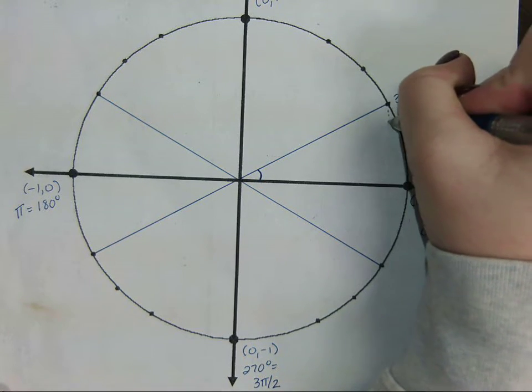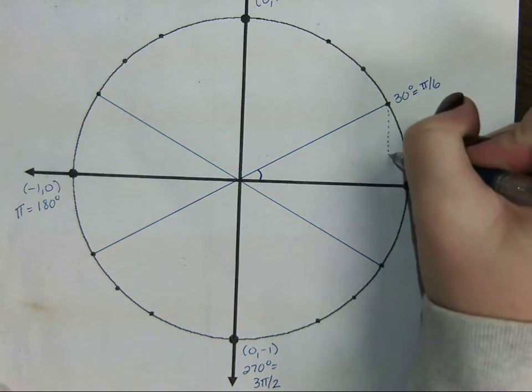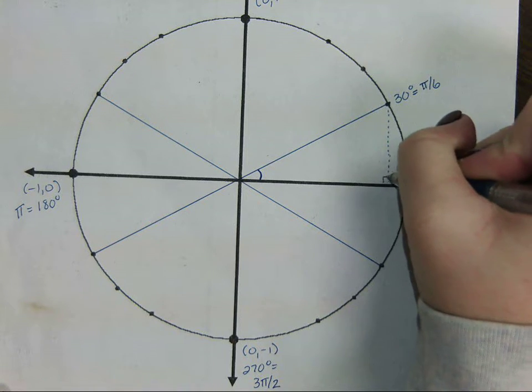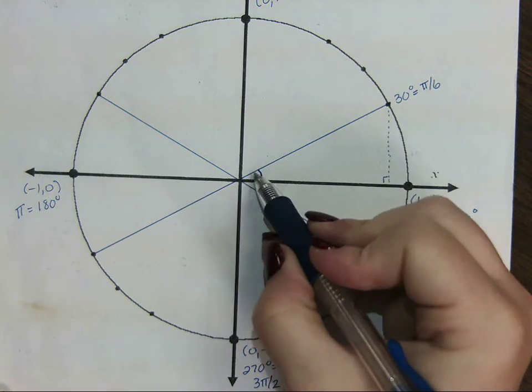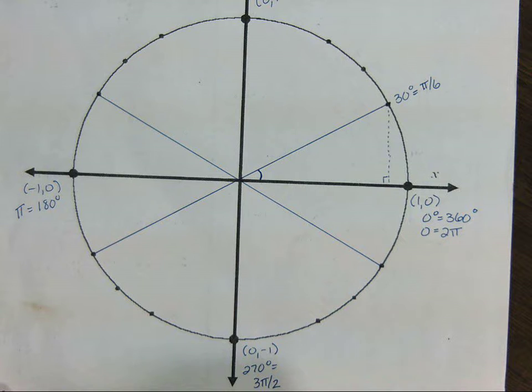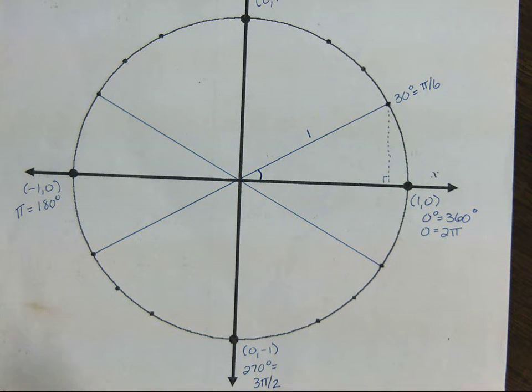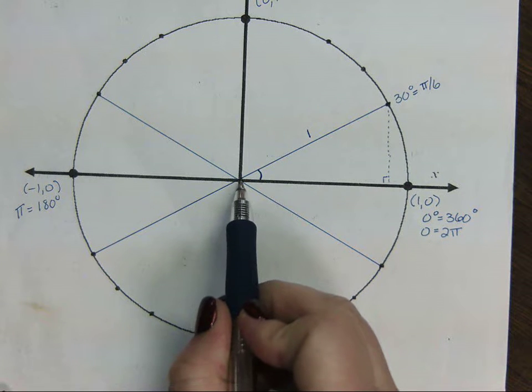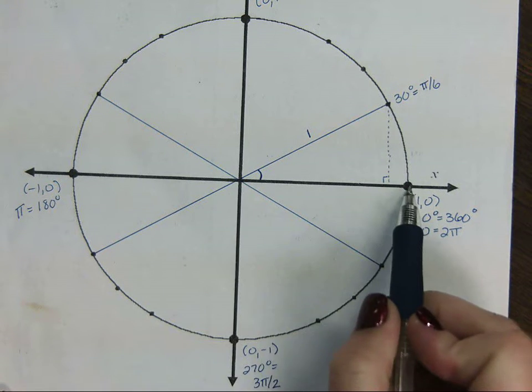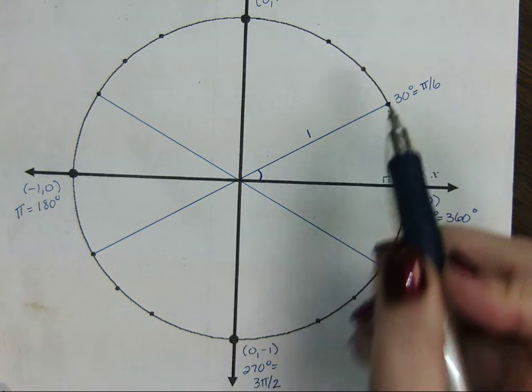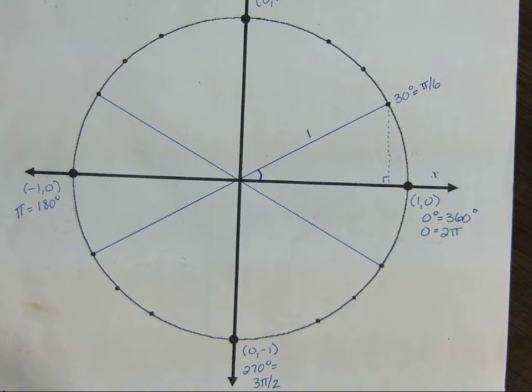So I want to draw a perpendicular line, and visualize a special right triangle right here. In a special right triangle, we have a hypotenuse of 1, because going from the center to the edge of any part of the circle has a radius of 1 on a unit circle.